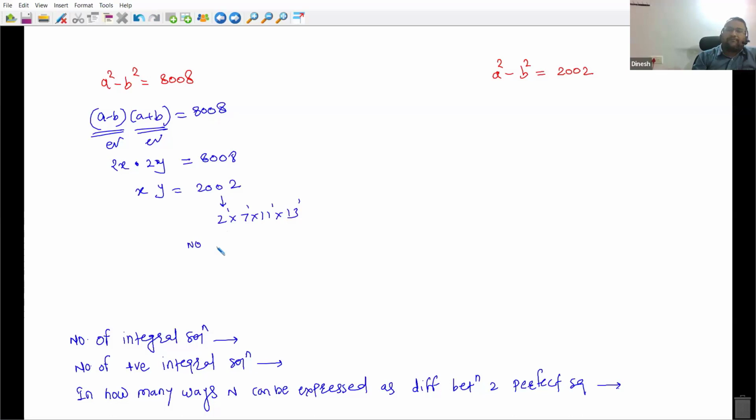So its number of factors are 2 into 2 into 2 into 2. That is equal to 16. In how many ways can we write this as a product of two factors? 8 ways we can write this as a product of two factors.